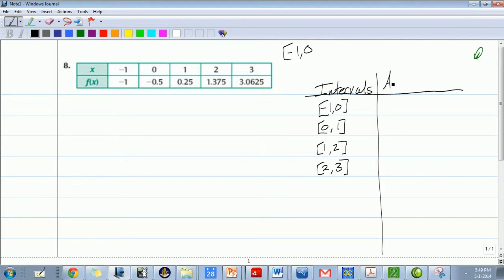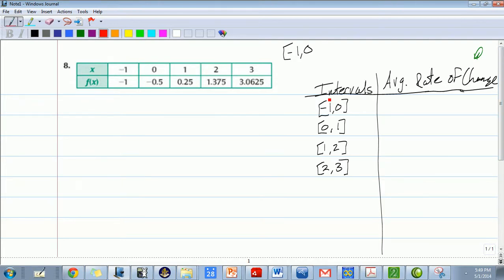After you know what your intervals are, we're going to find our average rate of change for each. The way we do that is we find out what we need for each one.